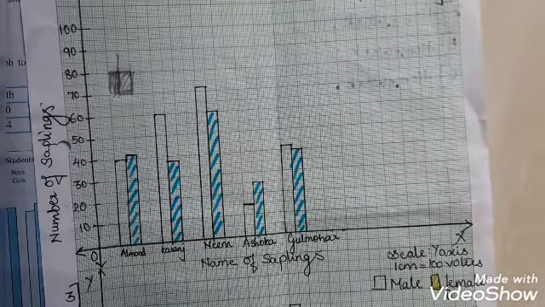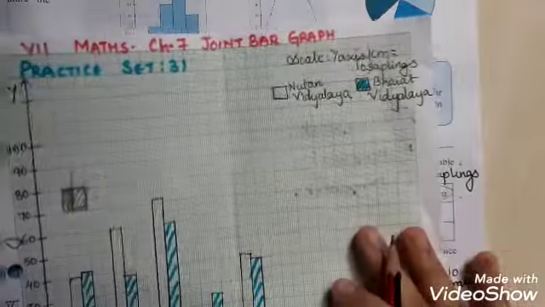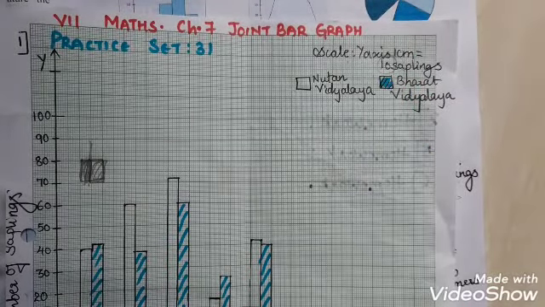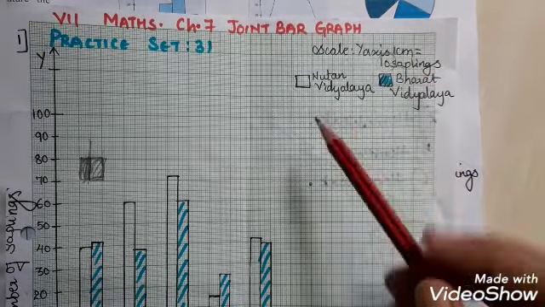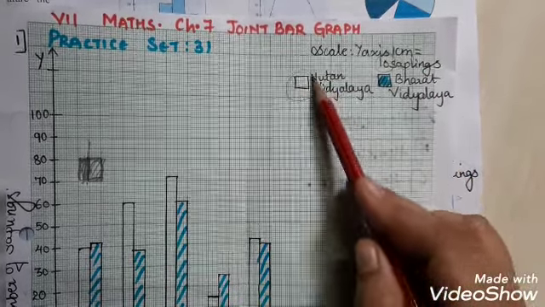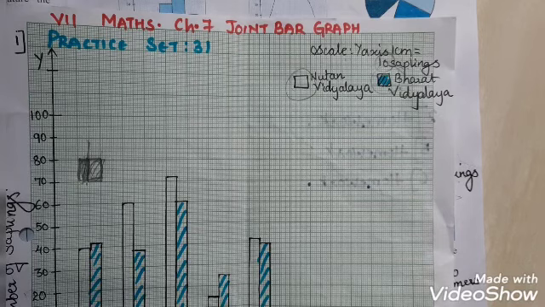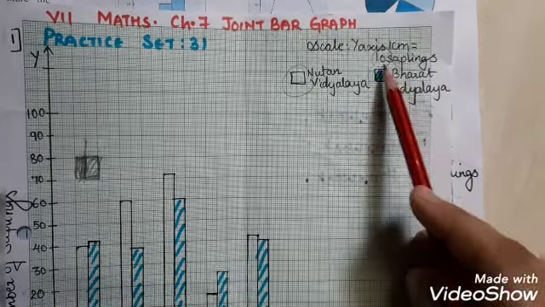First, let's see the scale given to us: y-axis 1 centimeter is equal to 10 saplings. Now we have to put the indications for both. One is Nutan Vidyalaya, another is Bharat Vidyalaya. I have left Nutan Vidyalaya blank, and I have colored Bharat Vidyalaya.